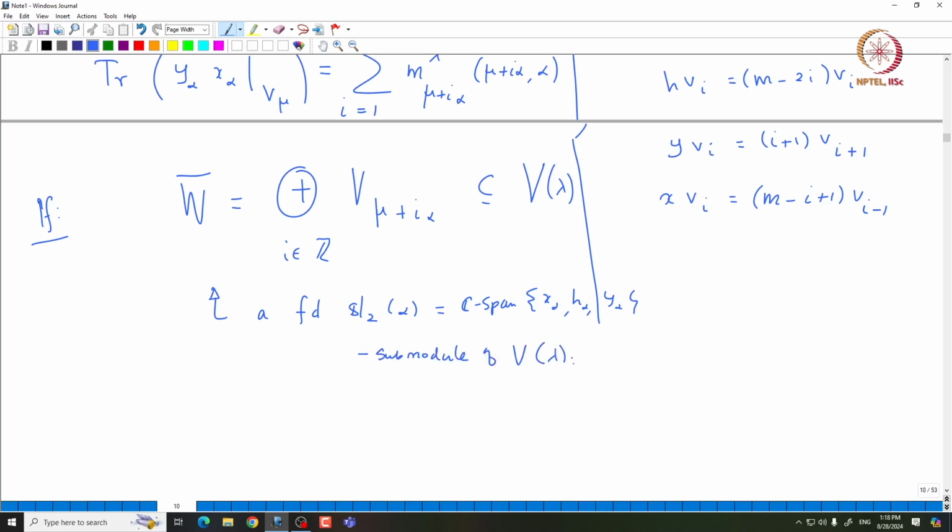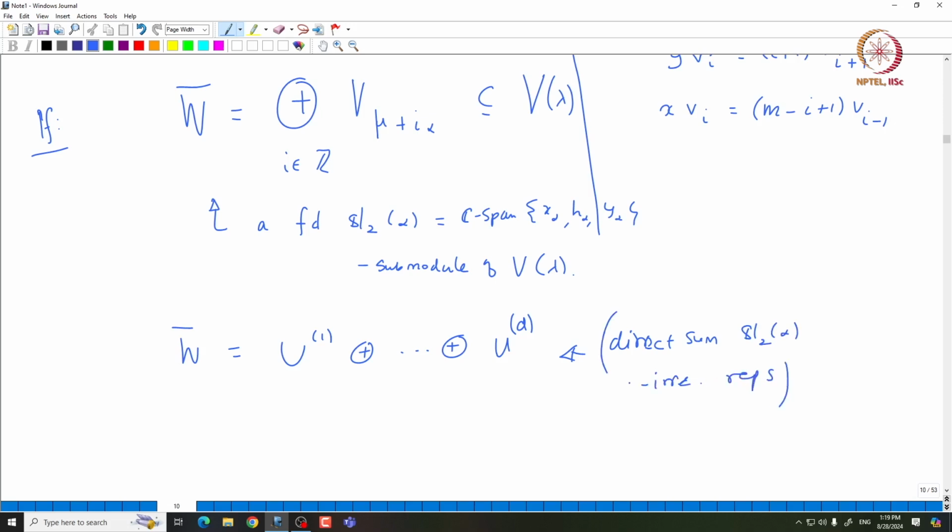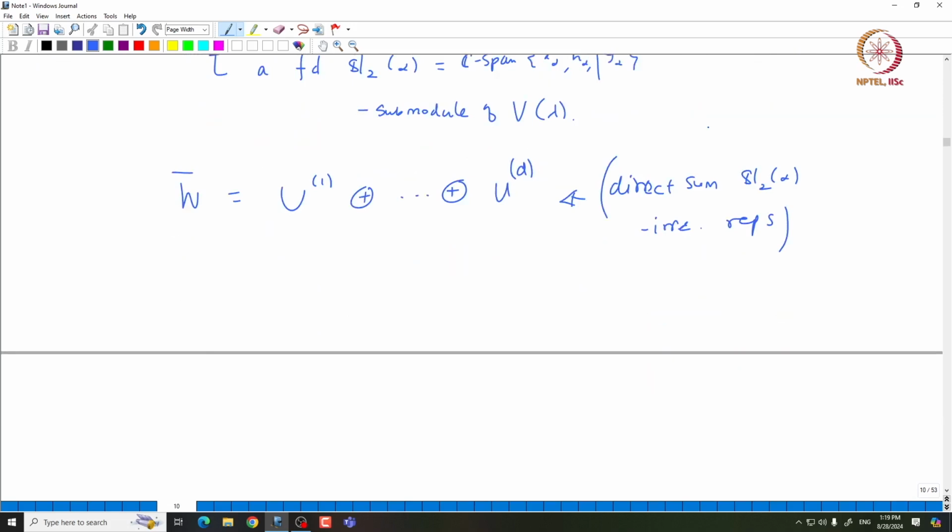Since V lambda itself is a finite dimensional module, using complete reducibility one can decompose this W bar into a direct sum of SL2 alpha irreducible representations.